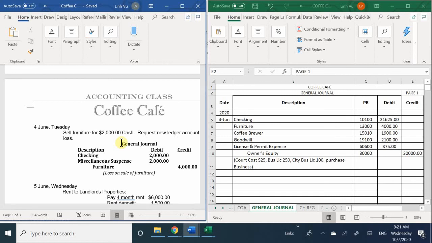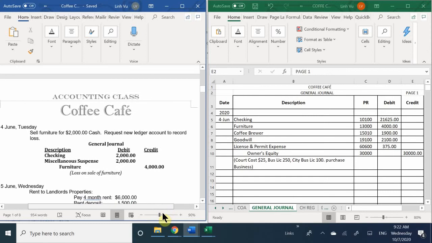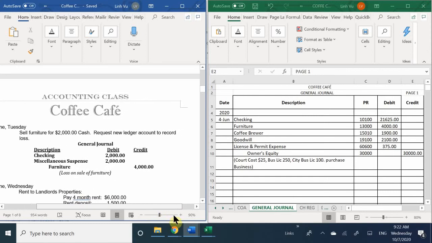And that's the steps in the cycle as well. Step 3 is the journal, then step 4 is the ledger. So in this case, we need to journalize it first, understand the transaction at hand, and then record it, and then properly post it. So the scenario here is that I sold the furniture for $2,000 cash. Okay.